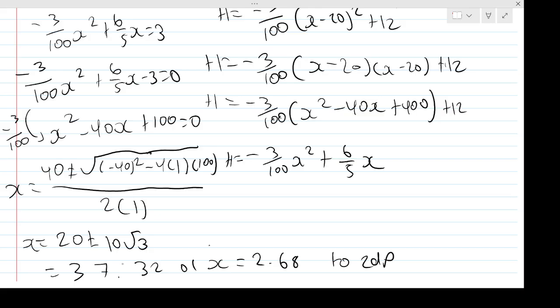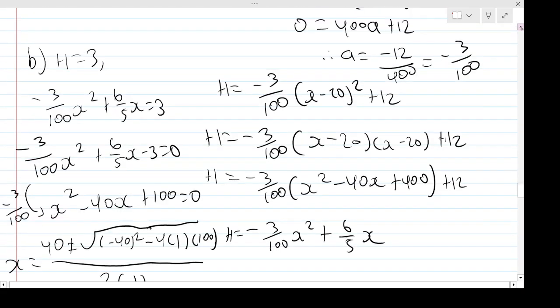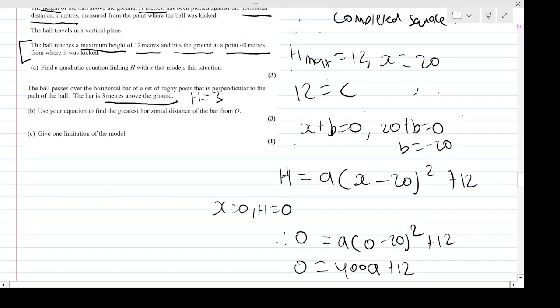But in this case, we've got two positive values. Did it say to round it to anything? No, it didn't say to round it, so it's best to just stick with the surd, the exact form. But we've got two positive values for x, so really both of them make sense.